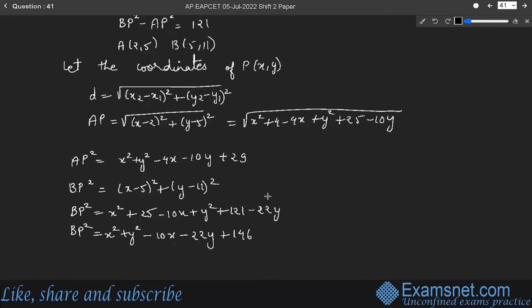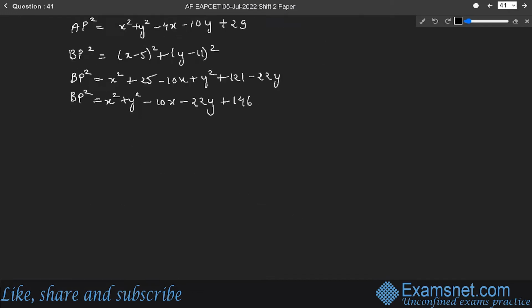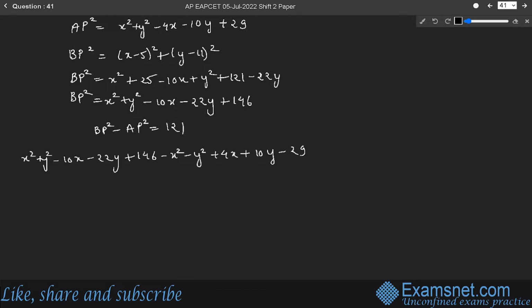Now we have both the values, AP square and BP square. It is given in the question that BP square minus AP square is equal to 121. So substituting the values, it becomes x square plus y square minus 10x minus 22y plus 146 minus x square minus y square plus 4x plus 10y minus 29 is equal to 121.